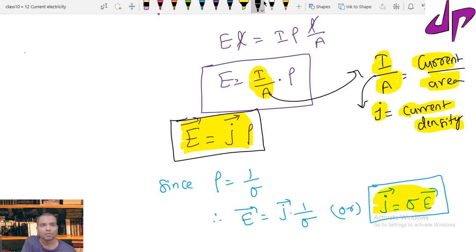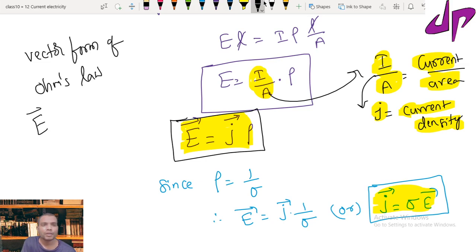In the vector form of Ohm's law, we can write electric field E bar equal to J times rho.